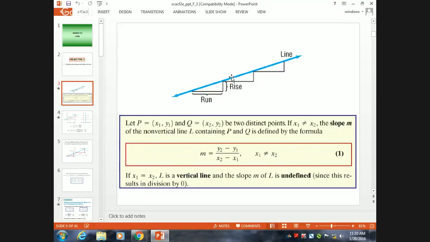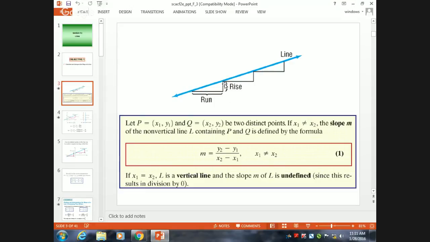Second thing that's going on is you have this ratio, this fraction you can make by dividing how much the line has changed in the Y direction, up and down, called rise, divided by how much it's changed in the X direction, called run.